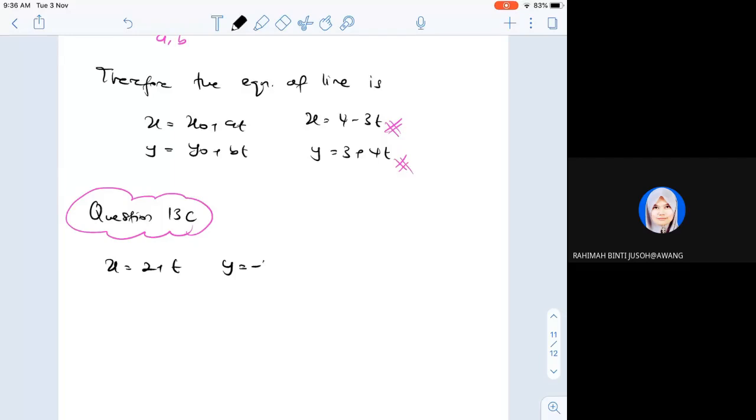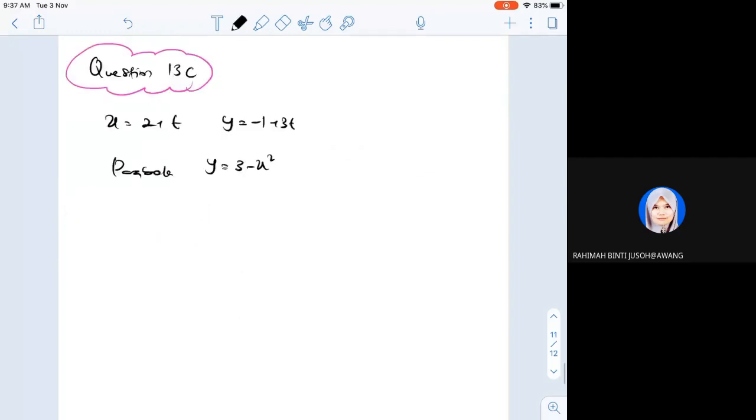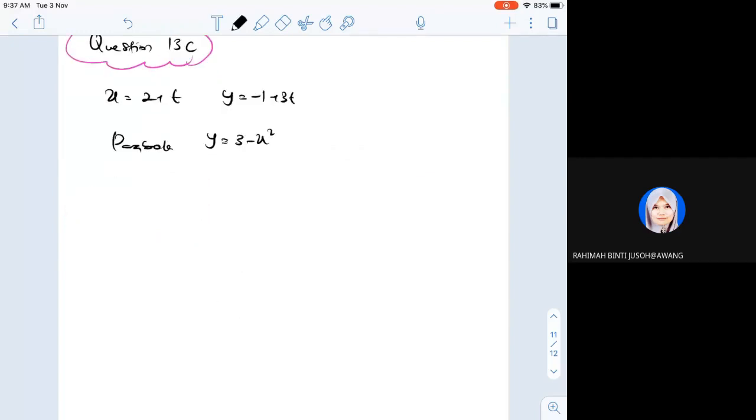And then we want to find whether the line intersects the parabola y equals to 3 minus x squared. Okay, so what you should do now is substitute the values of x and y into the equation of the parabola. Okay, so solution.